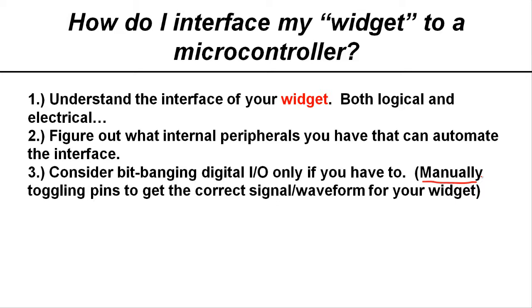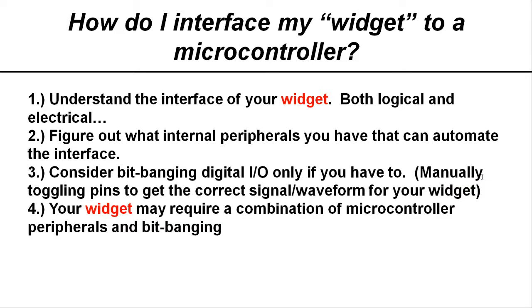And so my rule is, first look at all the internal peripherals that you might have to automate the interface. And if you don't have that, then think about how to bit bang the interface. Now, it's important to note that your widget may require a combination of both. It might have a serial port and some digital I/O, and you have to mix and match a couple of different things.